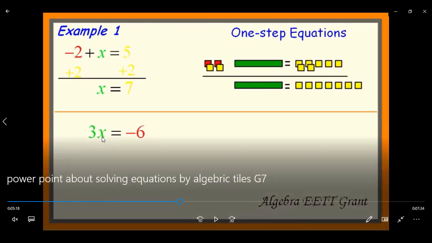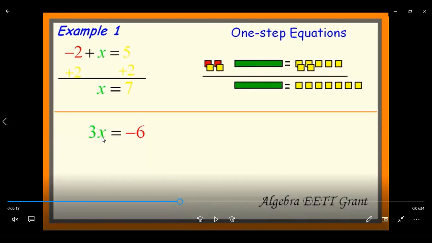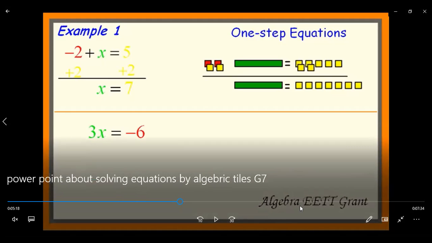We have to divide both sides by the coefficient before x. If it's 3x, we divide by 3. If it's 4x, we divide by 4. If it's negative, positive, any number, we divide by it. Then we will find the value of x, which is negative 2, like Hima said.